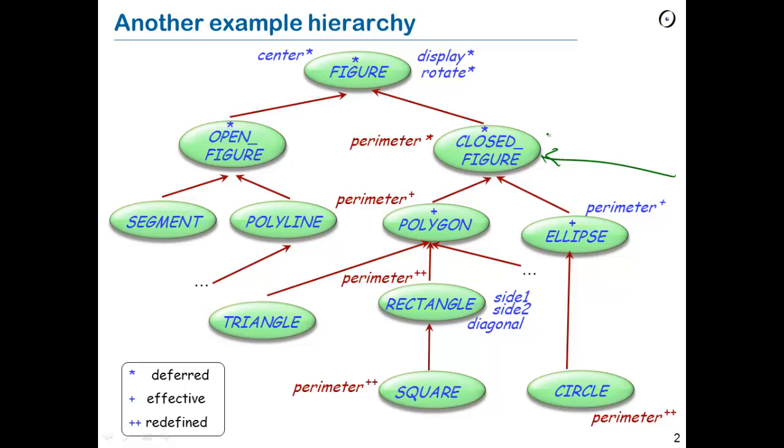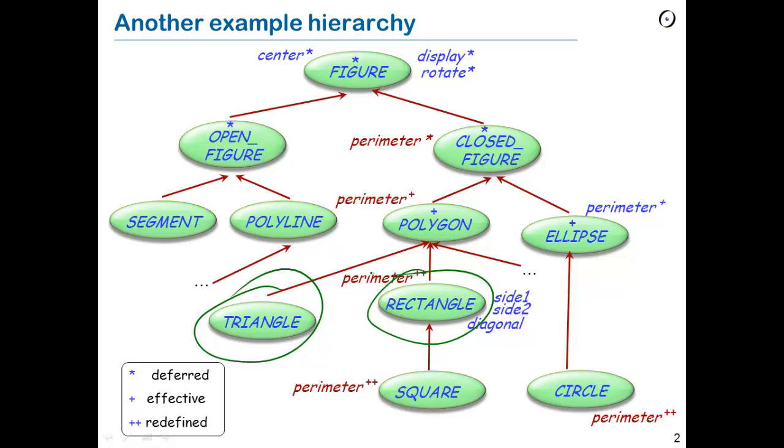We never say a closed figure is either a polygon or an ellipse. We say the possibility for a closed figure is a polygon, and another possibility is an ellipse, but this doesn't preclude others being added. So a closed figure can be a polygon, it can be an ellipse. A polygon can be, among other variants, a triangle or a rectangle. And the rectangle can be a square.